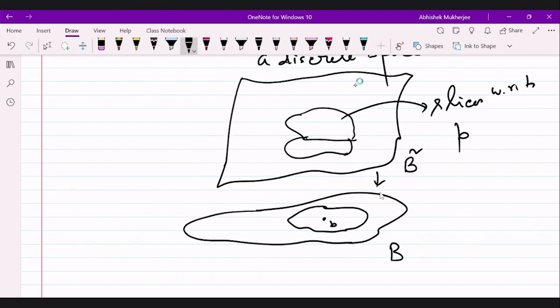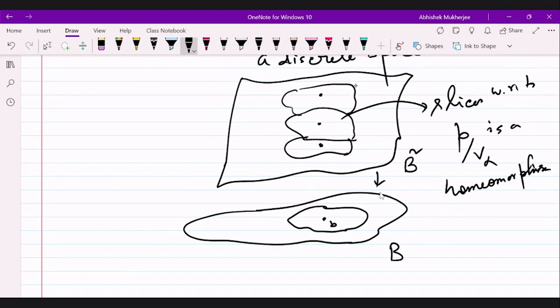That means p restricted to all these sets, p alpha, is a homeomorphism. And on each slice you will have some point here, here, and if you want to take another one, here. So these points will be collapsed down to this b.